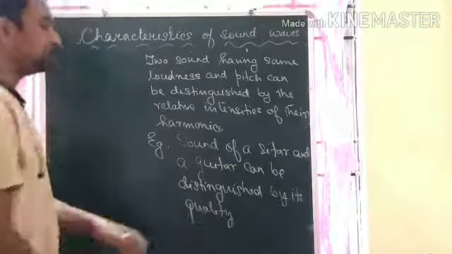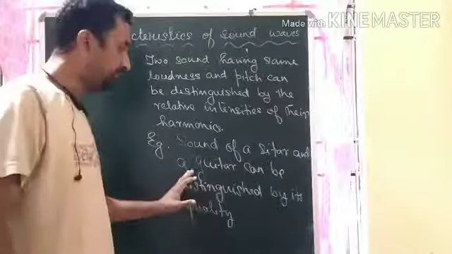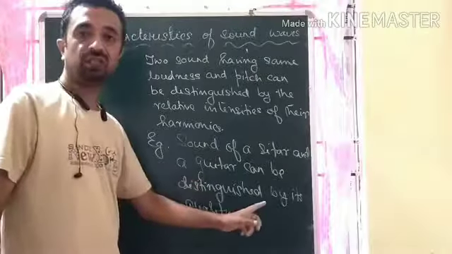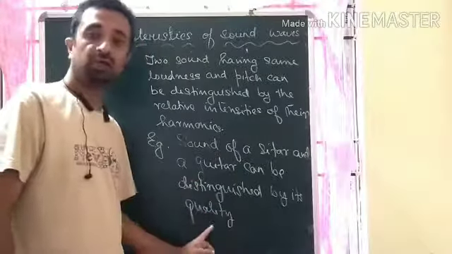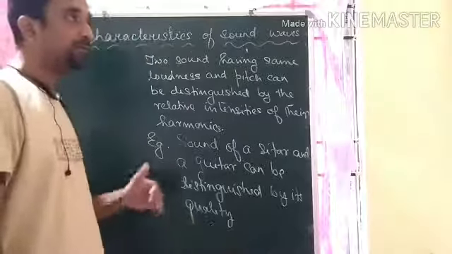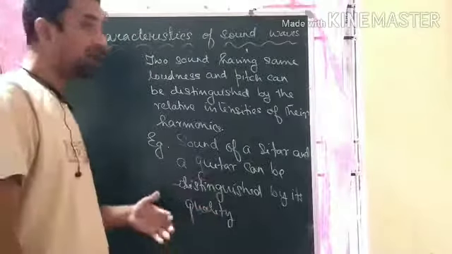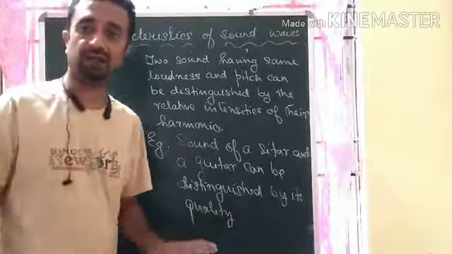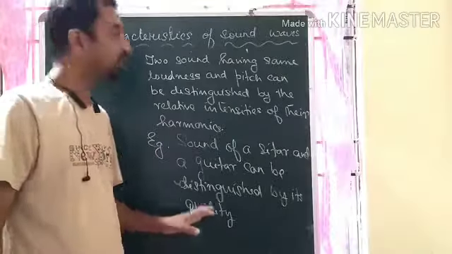That means if the sounds have the same loudness and the same pitch, they can be distinguished from each other by its what? Quality. Quality means the relative intensity of their higher frequencies. These things will be more clear in your higher classes.